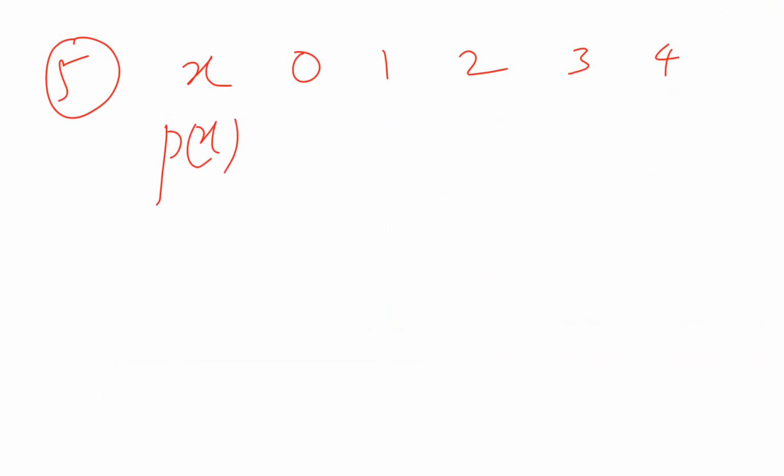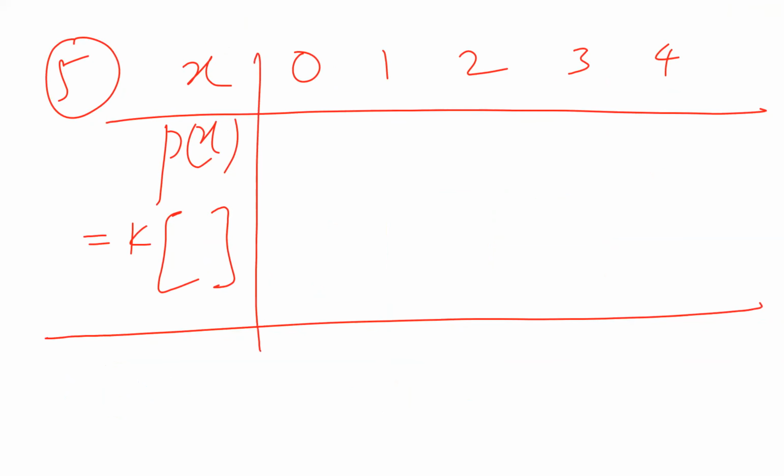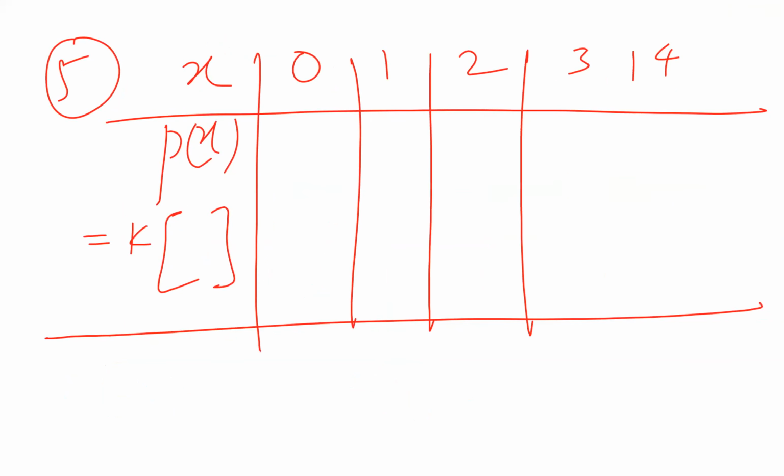Question number 5. X is equal to 0, 1, 2, 3, 4. P of x, again some formula is given. I'll not explain this formula right now. That will be covered in the next class, but let us understand what they are asking. They're asking capital F of minus 1. Now minus 1 is before the first entry. So the answer for this is 0.